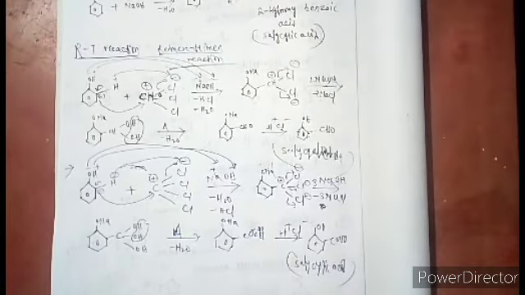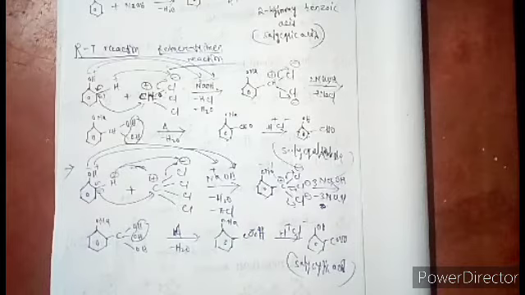So most of the time in the CBSE exam, this question comes: in case of the RT reaction, when phenol reacts with chloroform, what will be the product? How many chlorines are there?